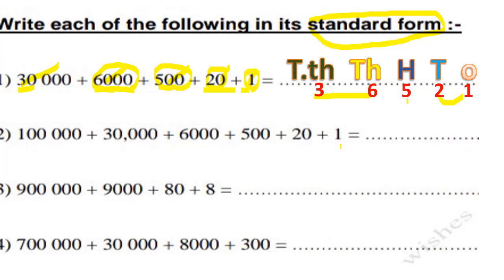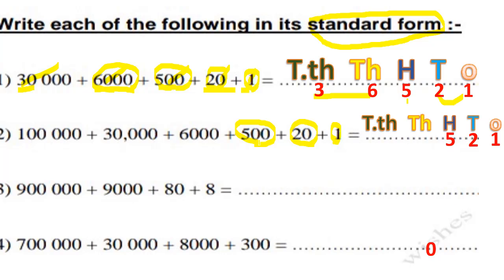Okay? Next one here. First, you have to write the places. Ones and tens and hundreds and thousands. Okay, here I look for the number which has no zeros. It's 1, teacher. I will take 1 and write it in ones place. Then in tens place, I need the number which has 1 zero. I will write 2. In hundreds place, I need the number which has 2 zeros.